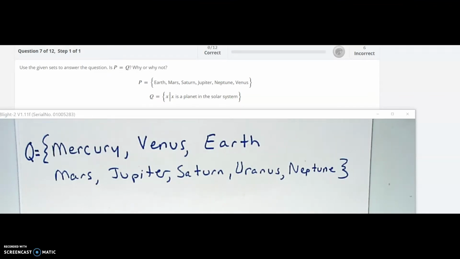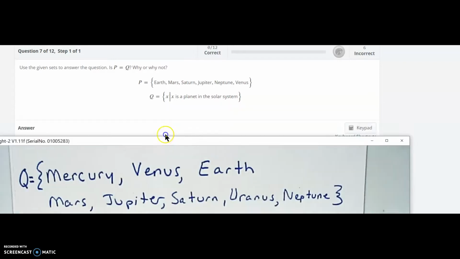Without even looking at what they are, to see if something's equal, they first have to have the same number of elements. And set Q has more elements. If they don't have the same number of elements and the same exact elements, then they are not equal.